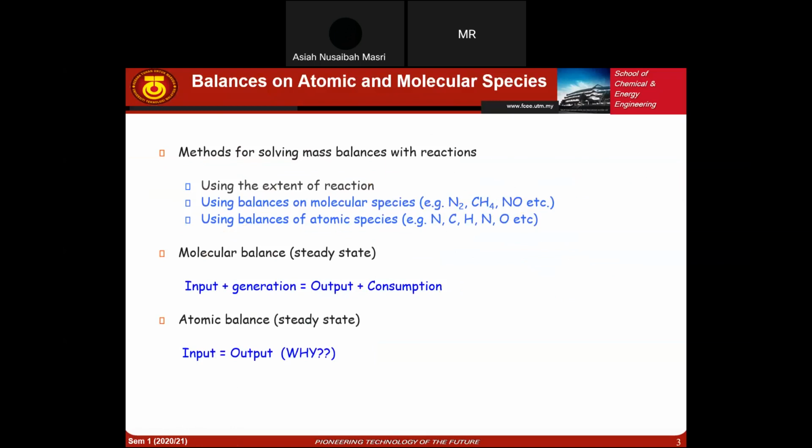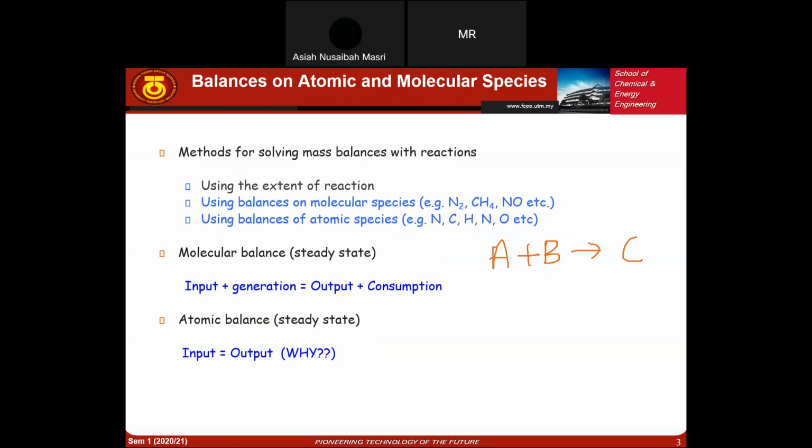Let's say, for example, we have A reacted with B to get C. So the first method is the simplest one, where we just simply create a table. So how do we create a table? We just need the information from the question.